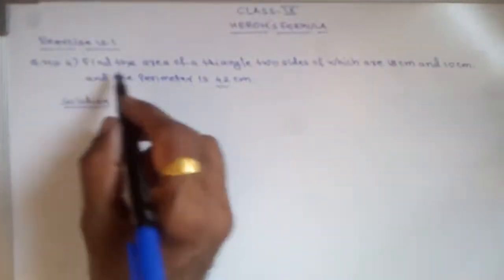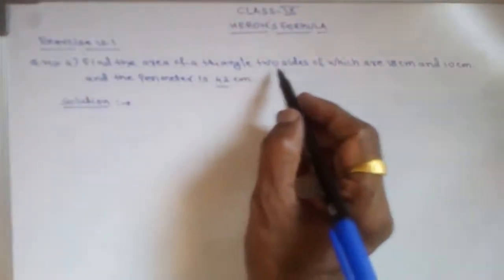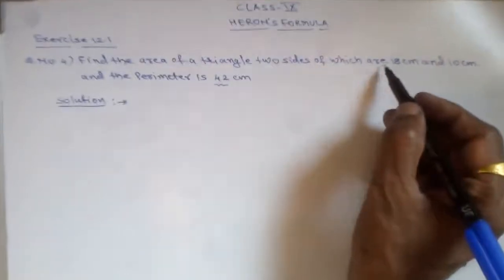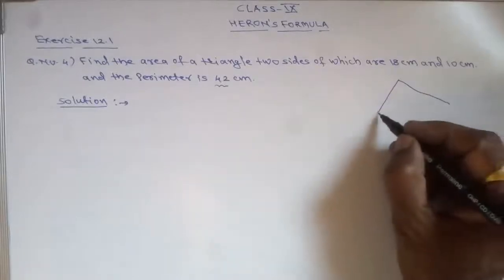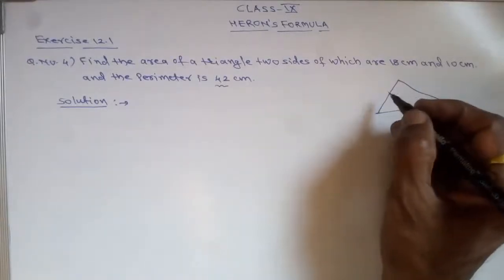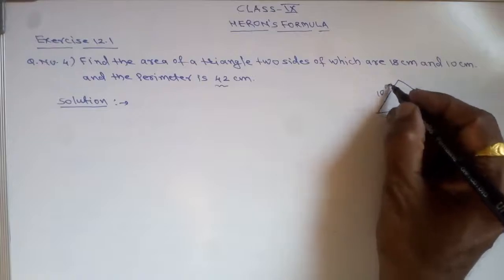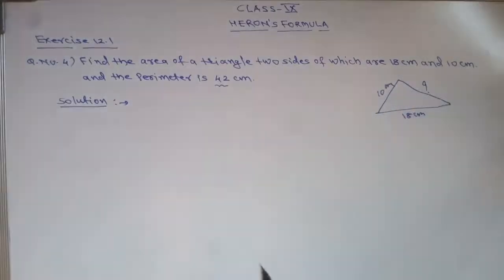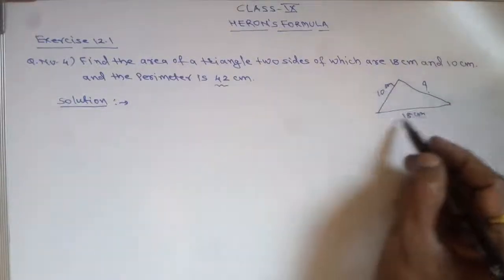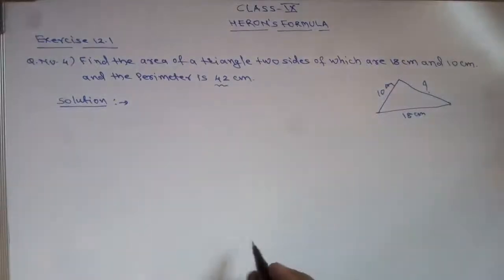Let's take another example in exercise 12.1. Question number 4. Find the area of a triangle, two sides of which are 18 centimeter and 10 centimeter. If you have a triangle ABC, take any triangle ABC, one side is suppose 10 centimeter, that is 18 centimeter, and the third is not given, but the perimeter of this triangle is given.